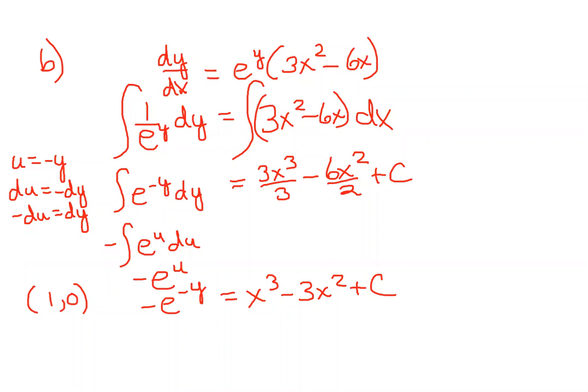I'm going to substitute it in right here to find c. Negative e to the 0 equals 1 minus 3 plus c, because x is 1. Okay, so this side becomes negative 2 plus c, and e to the 0 is 1, so that becomes negative 1. So we get c equals 1.